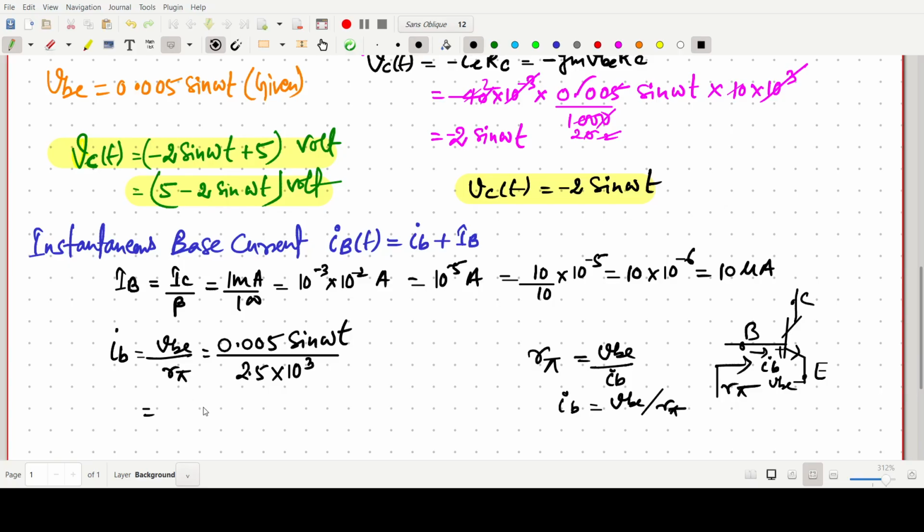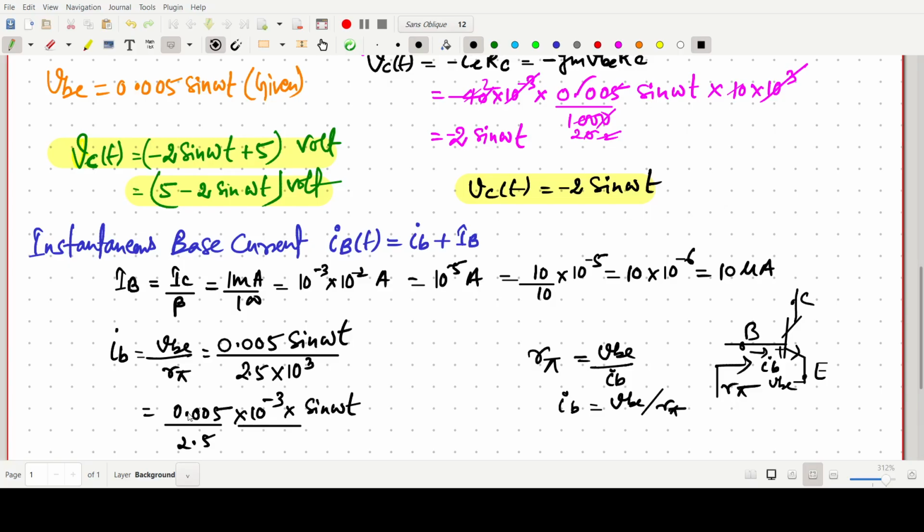So how do we solve this? We can write 0.005 divided by 2.5, times 10 to the power minus 3, sine omega t.